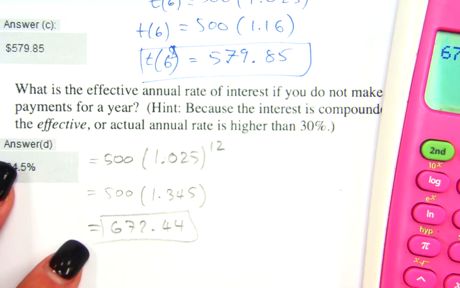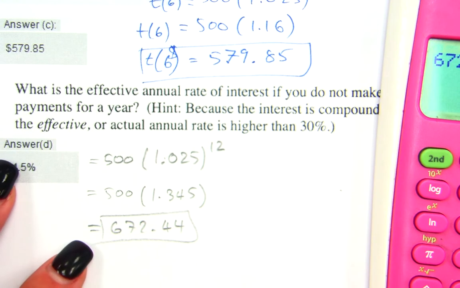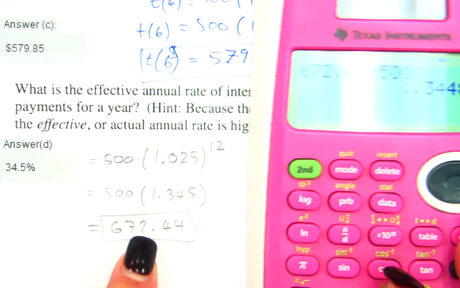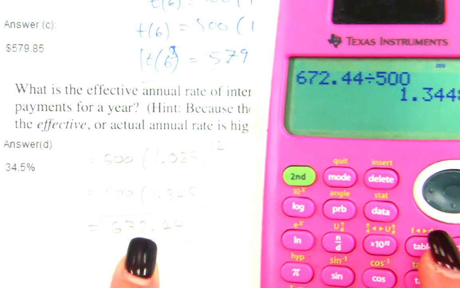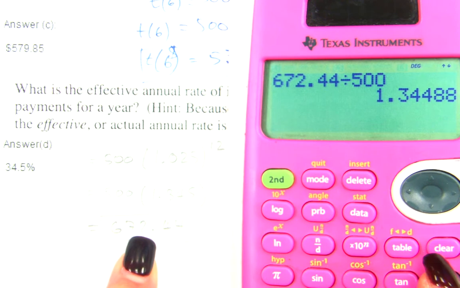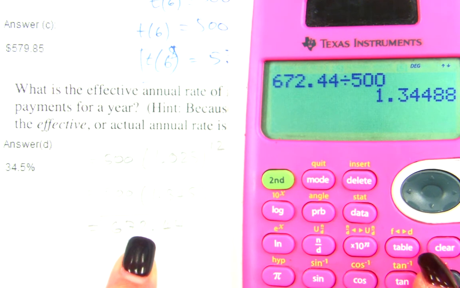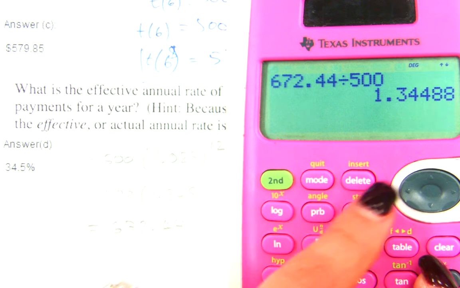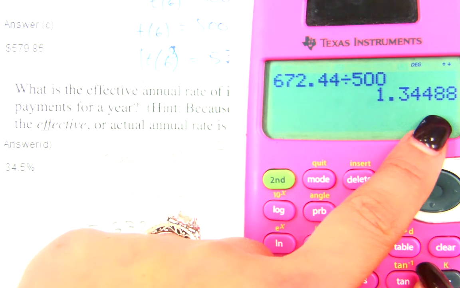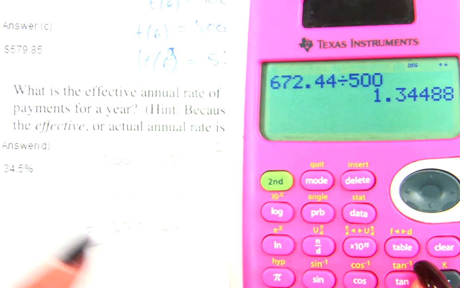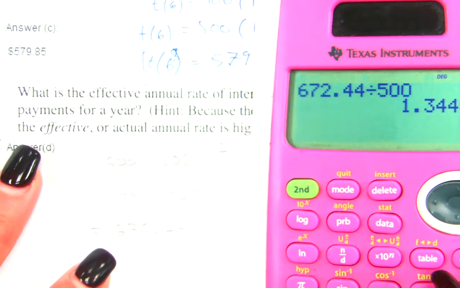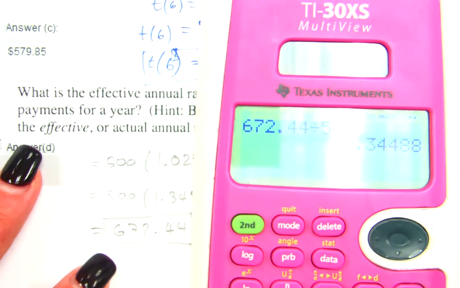Oh, here it is. Okay, so technically, after a little while, you've really paid this much after 12 months if you got lazy. So if you take your new amount divided by how much you actually paid, you get 1.344. So really, you're paying 34.448% over the course of a year instead of that 30% broken down compounded monthly.